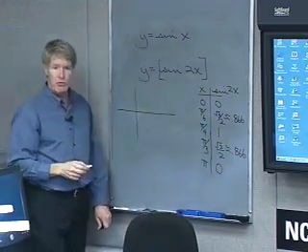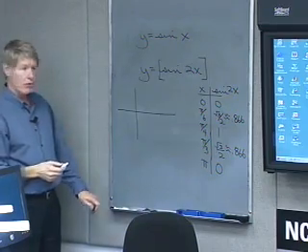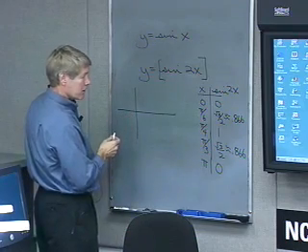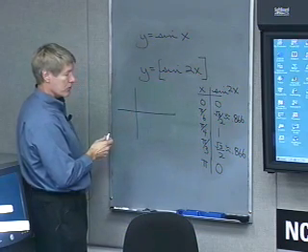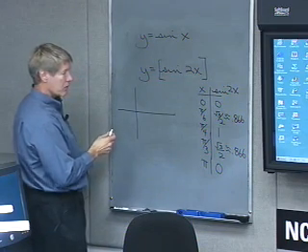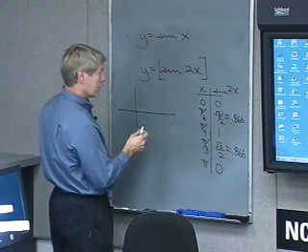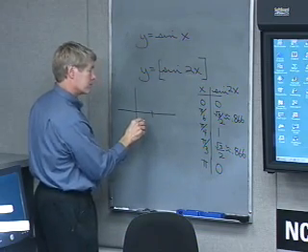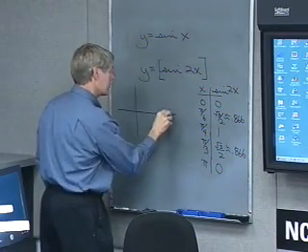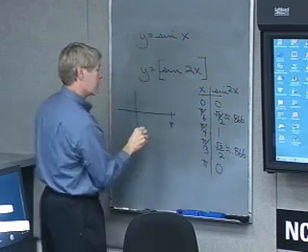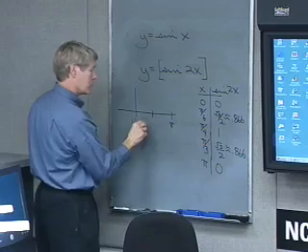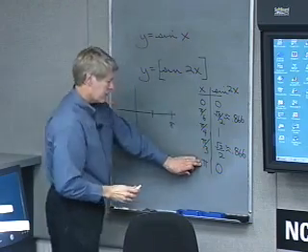Now, did we ever go above 1? Never went above 1. And we're not going to, because this is a sine of something. Let me make this a little better here.